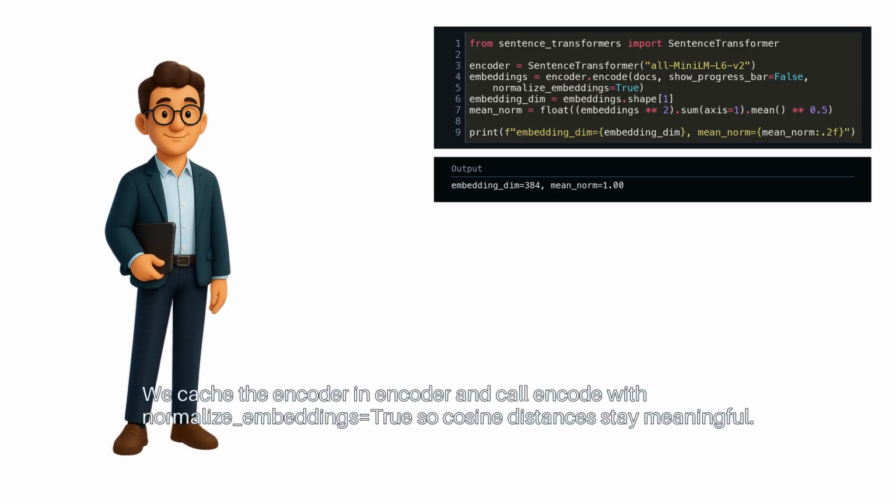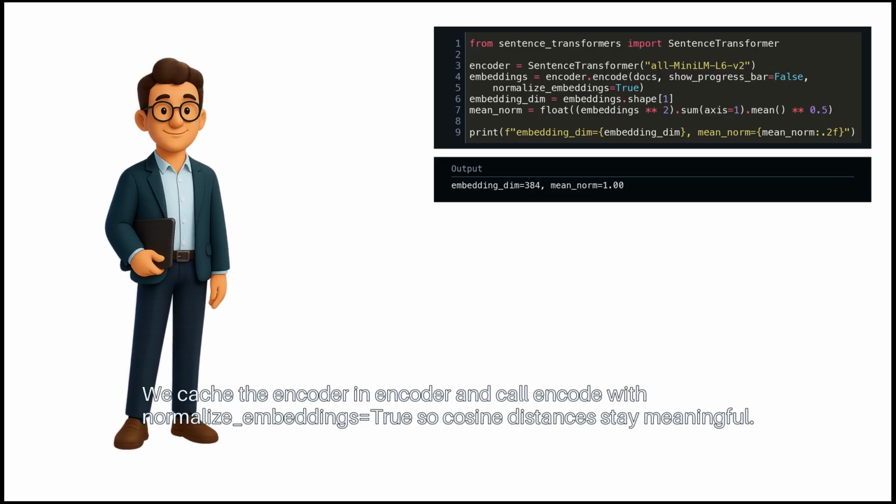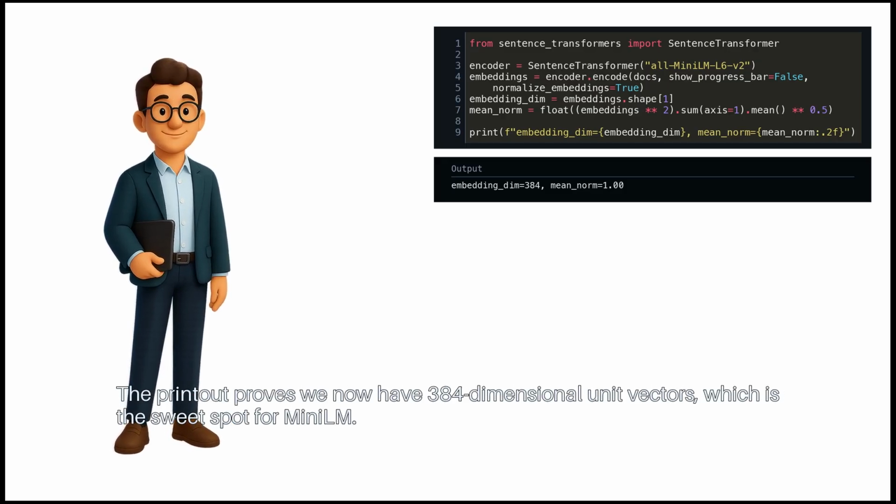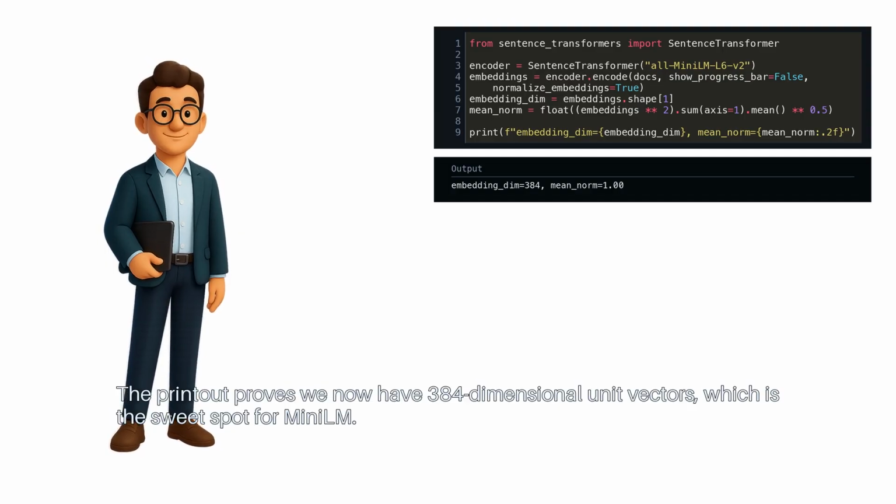We cache the encoder in encoder and call encode with normalized embeddings equals true, so cosine distances stay meaningful. Embeddings ends up as a compact matrix where every row matches one entry in docs, ready for clustering. The printout proves we now have 384-dimensional unit vectors, which is the sweet spot for MiniLM.